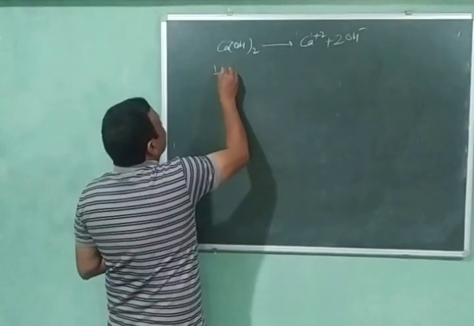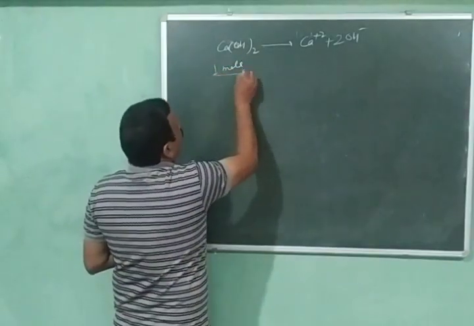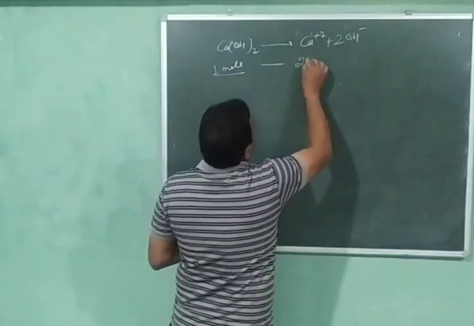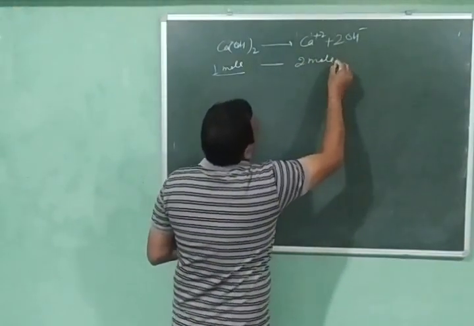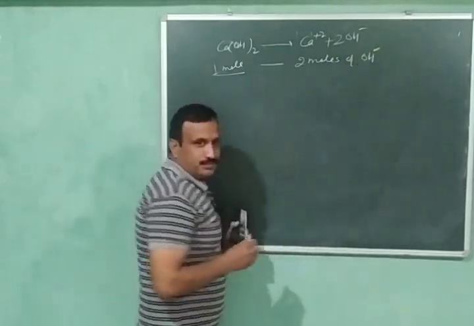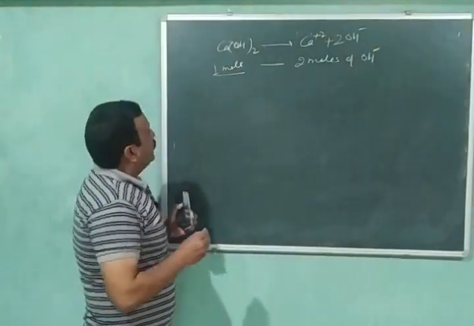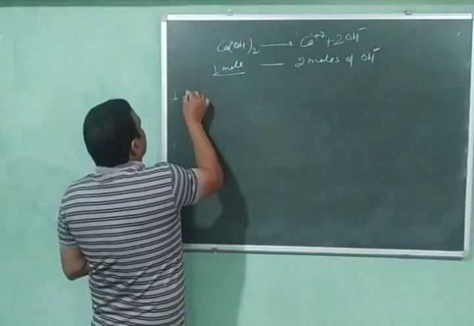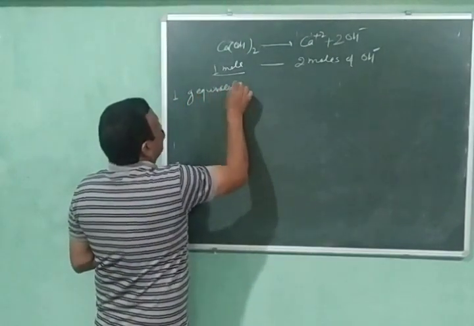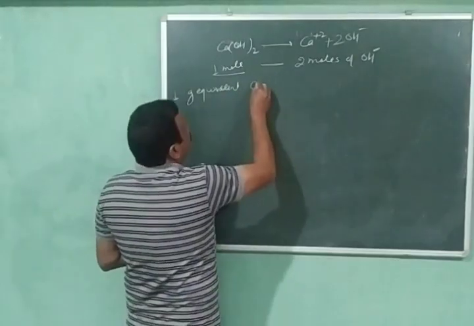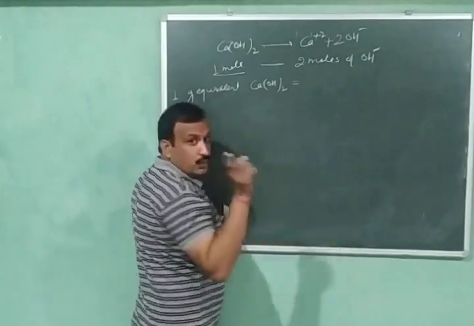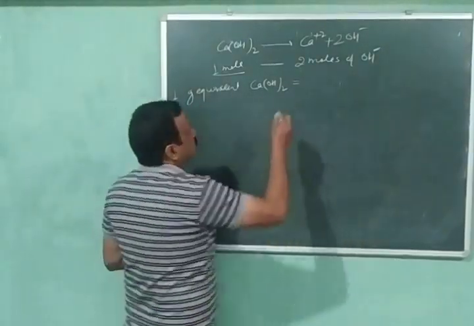Here 1 mole of calcium hydroxide is giving us 2 moles of OH negative. And here 1 gram equivalent of calcium hydroxide will be equal to its equivalent mass.